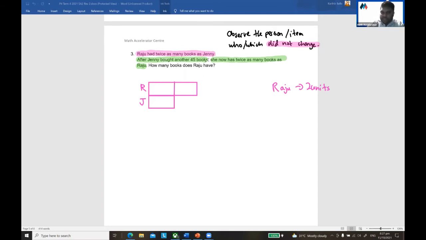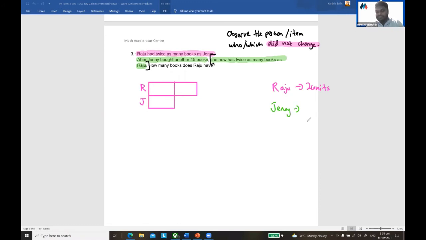Okay. So now I'm only focused on this sentence here, which I just bracketed. She now has twice as many books. Most of you told me that Raju did not change, right? So in this case, Jenny, if Raju did not change and still has 2 units, and Jenny now has twice as much as Raju, what is the units Jenny has now?